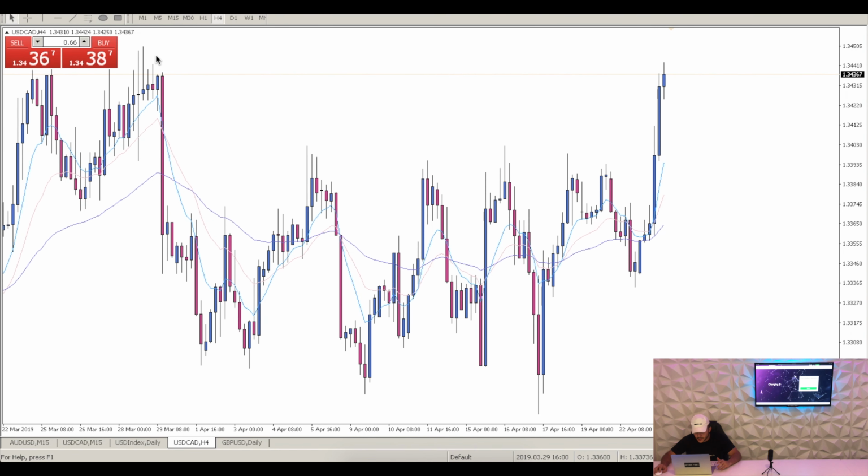All right. So if I bring up the MetaTrader, I don't know if you remember, but you probably do. I showed you there's 2 buttons, sell and buy, and the 3 digits in the middle. The 3 digits in the middle are the lot sizes. In this case, I have it set to 0.66. It's just an example.